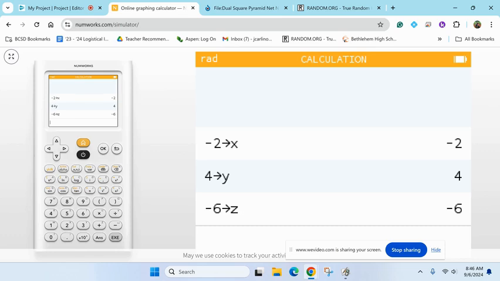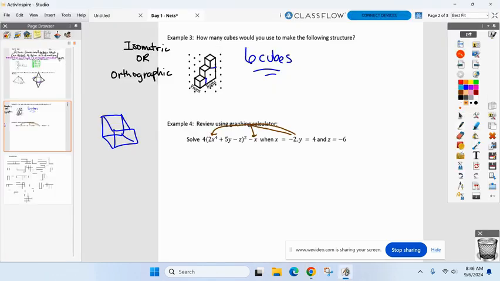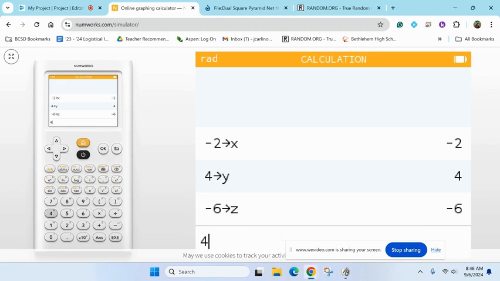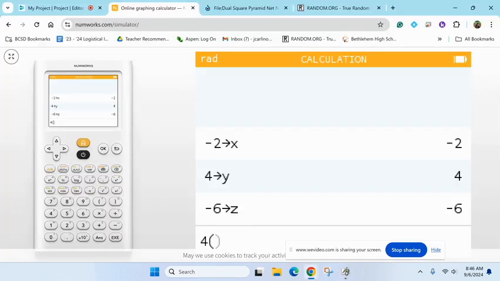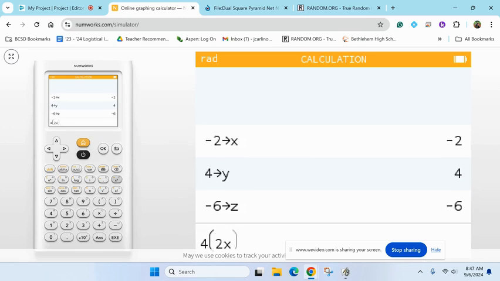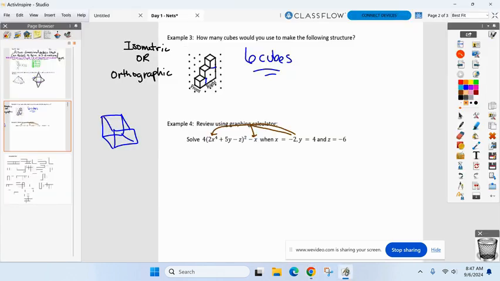All right. Which is 4 parenthesis. What else do I have here? 2x to the 4th. 2x. You guys know how to raise it to the 4th? I go over to that x to the y button again, to the 4th. What else do I have here? Plus 5y.